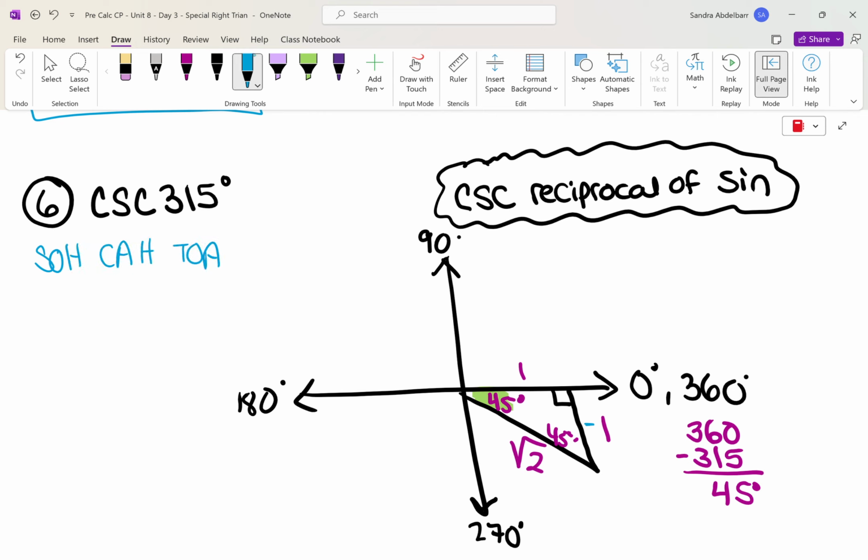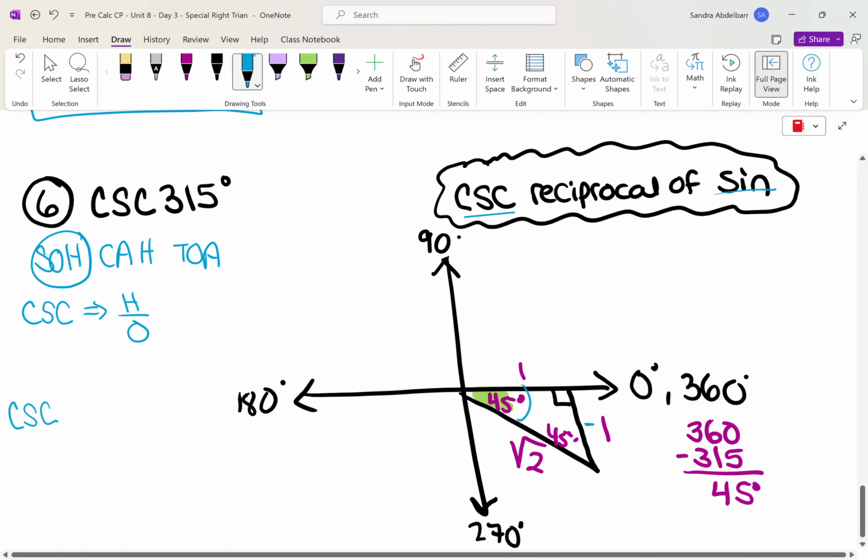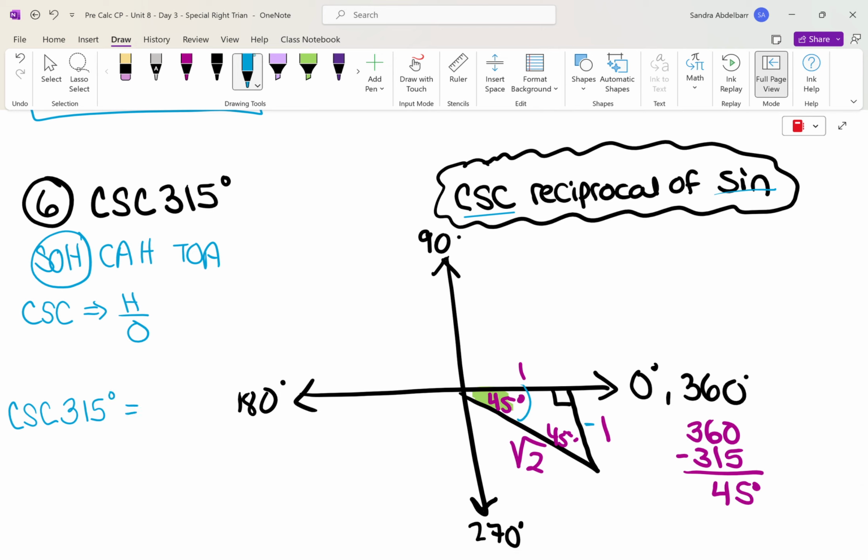So now we're going to SOHCAHTOA. And in the beginning, we reminded everyone that cosecant is a reciprocal of sine. So sine is going to be the opposite over the hypotenuse. So cosecant will be the hypotenuse over the opposite.